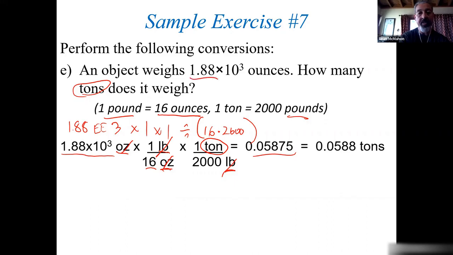Now we only want 3 sig figs. So if I line 3 sig figs, these are leading zeros. They don't count. I go 1, 2, 3. So I'm stopping at the 7. This 5 means I'm going to round up. So it's 0.0588 tons. And I got 3 sig figs, the correct numerical answer in the unit.